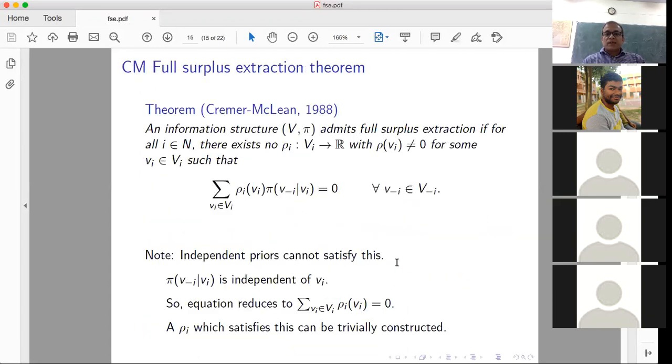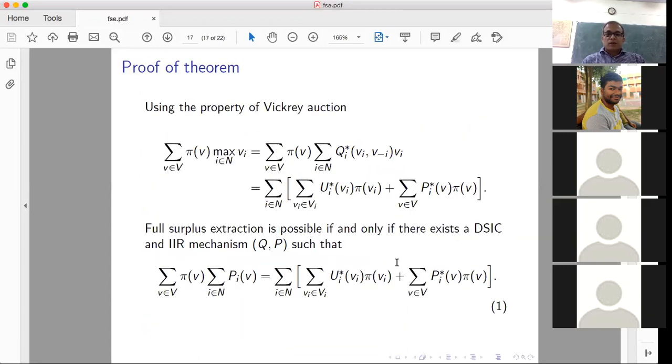We can rewrite that as: full surplus extraction is possible if and only if there exists a DSIC and IIR mechanism such that this is equal to the expected payment in the mechanism. Because the expected highest value is this. So that's just a rephrasing of the problem, basically.